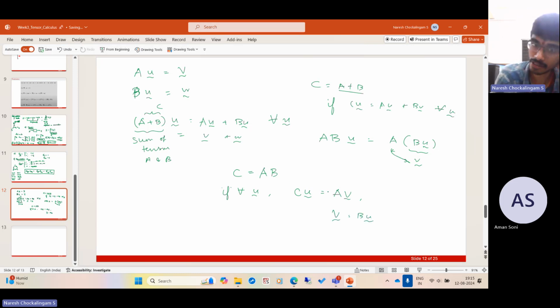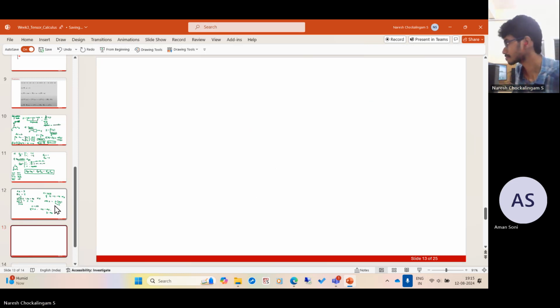So this is the product of two tensors. Then we looked at the gradient of a vector.